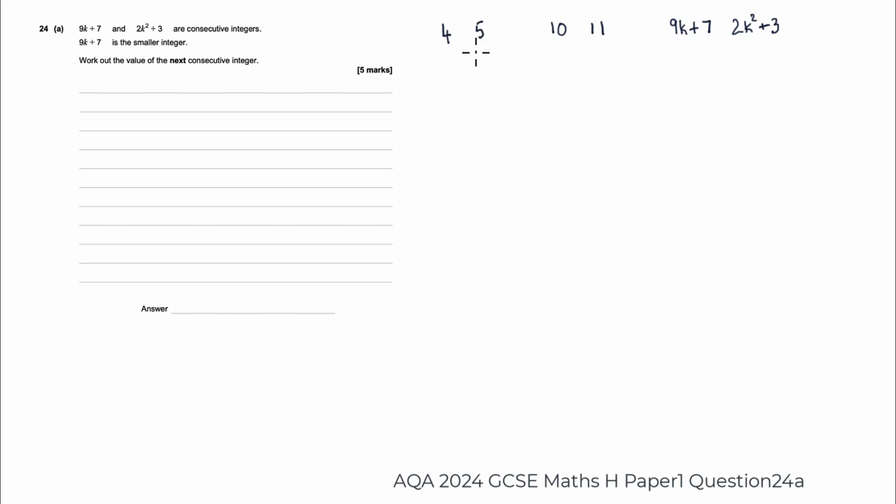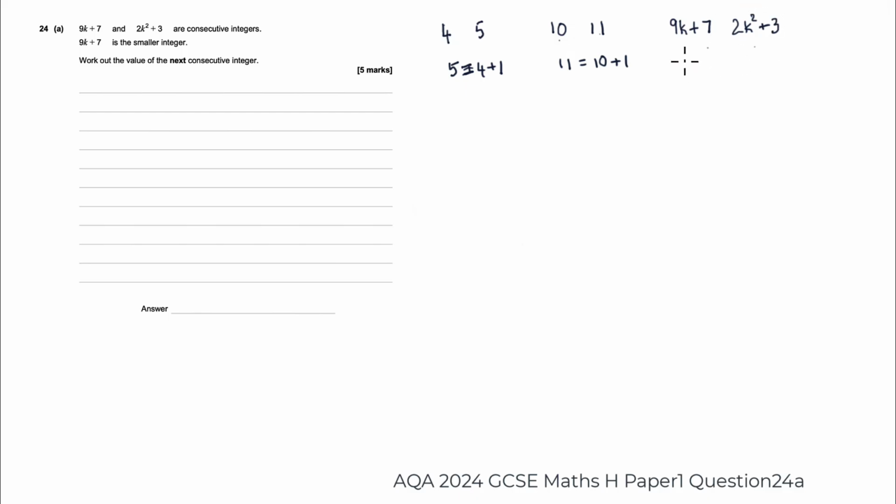So what can we say about 4 and 5? Well, we can say that we get 5 from 4 by adding 1. And what can we say about 10 and 11? Well, we can get 11 from the 10 by adding 1. And what can we say about these two consecutive integers?